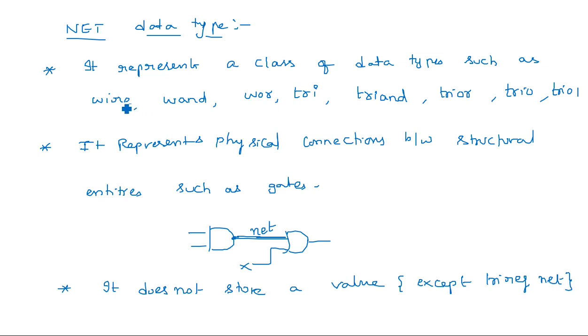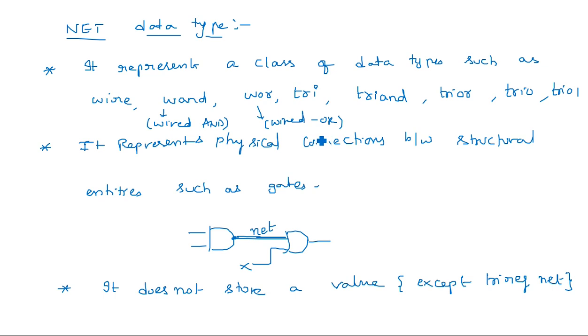It does not have any logical behavior. Tri also establishes a connection with no logical behavior or functionality implied. It is the same as wire. And wand means a net connected to the output of multiple primitives, modeling the hardware implementation of the wired AND. So wand is nothing but wired AND, and similarly wor is nothing but wired OR.